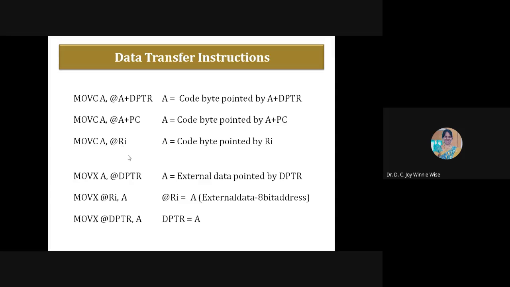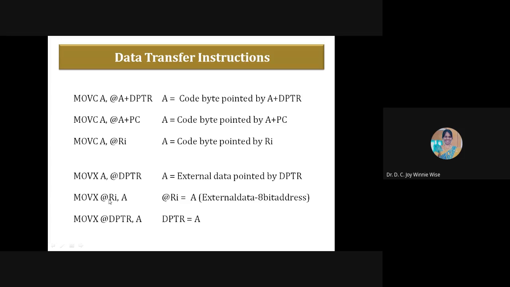And here the data referred by this RI register will be transferred to accumulator. Here at DPTR, the data in that memory location, which is external memory, X refers to external memory, is transferred to accumulator.